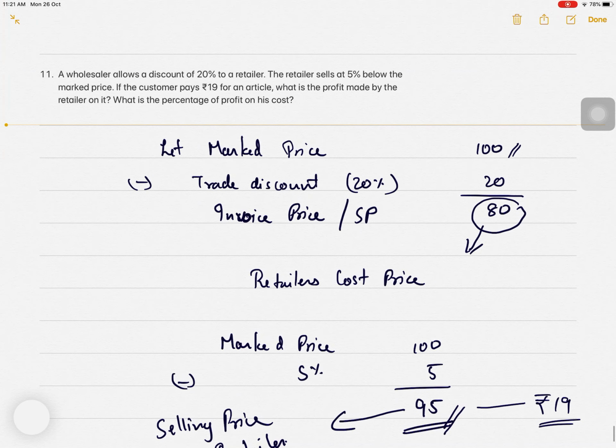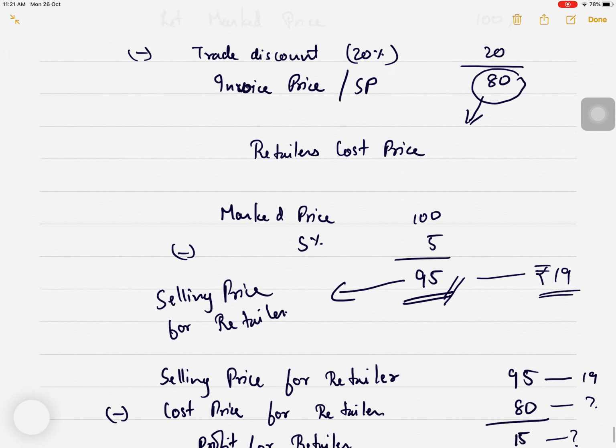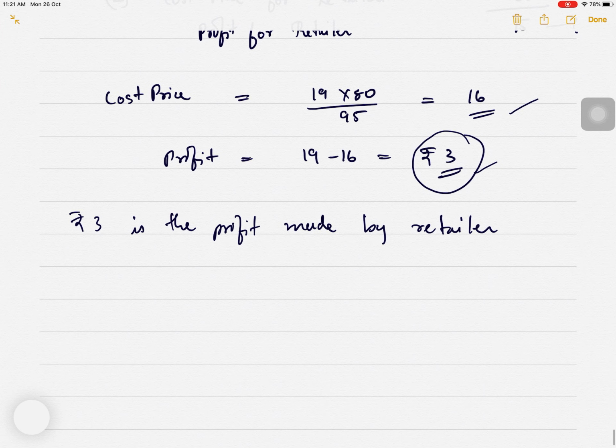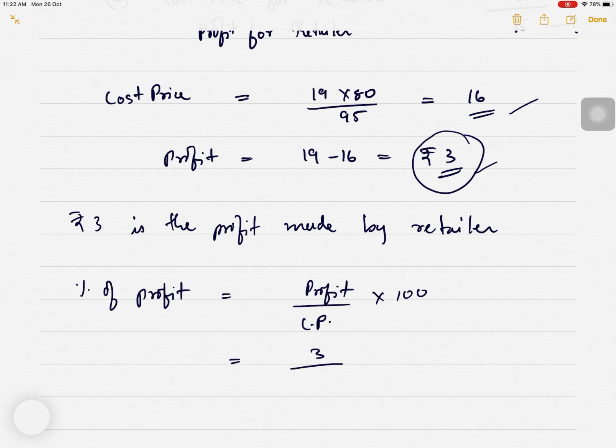And the other question is, what is the percentage of profit on his cost? So, the percentage of profit is equal to profit divided by cost price into 100. Profit is 3, cost price is 16, into 100.